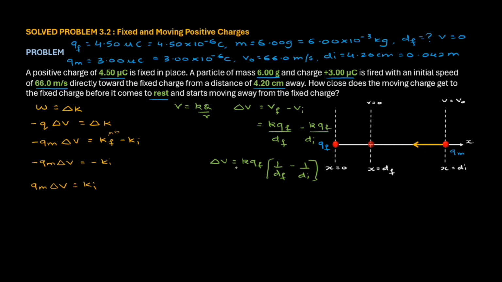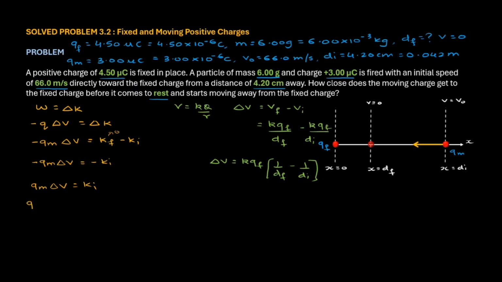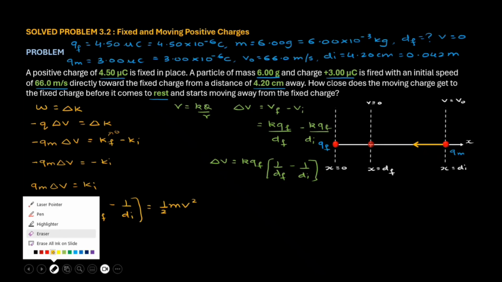Now we will substitute this expression for delta V in our equation. In place of delta V, let's write k times QF times 1 over d final minus 1 over d initial. Initial kinetic energy I can write as half m v initial squared, which is nothing but v0 squared. So I will write my initial speed as v0.